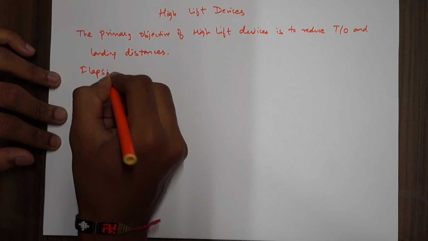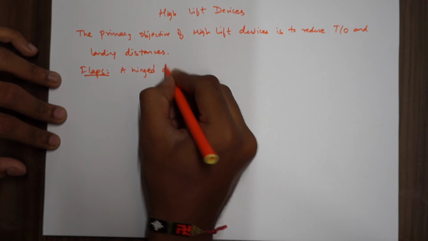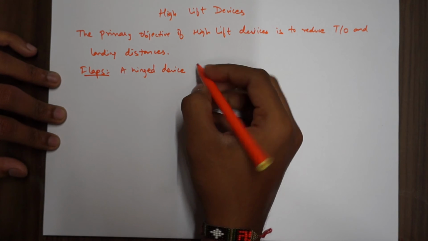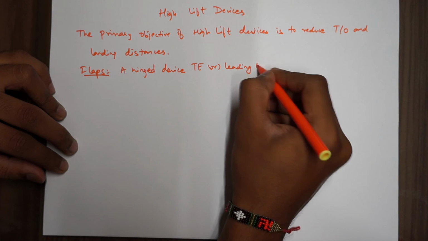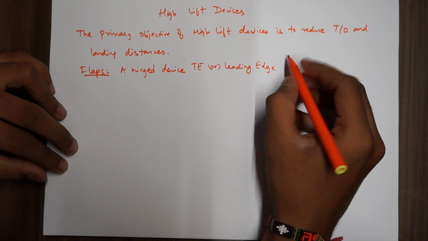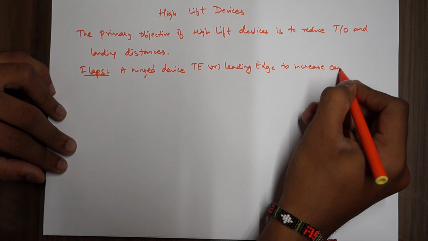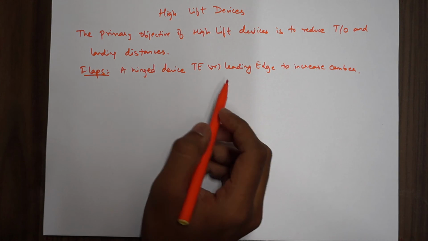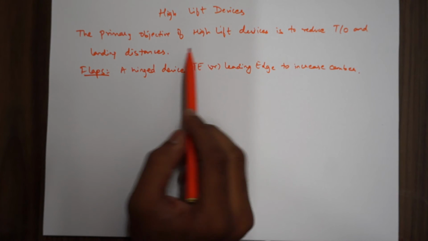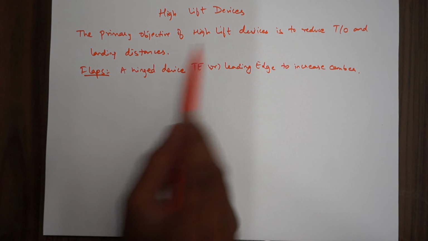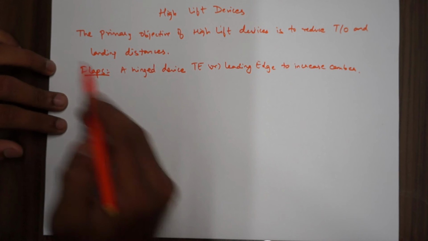First, what is a flap? A hinged device at the trailing edge or leading edge to increase camber, hence providing you more drag and high lift obviously. So the primary objective of high lift devices is to reduce takeoff and landing distances, which is indirectly reducing your stall speed. Alright, so types of flaps.